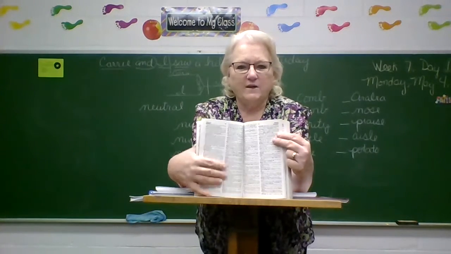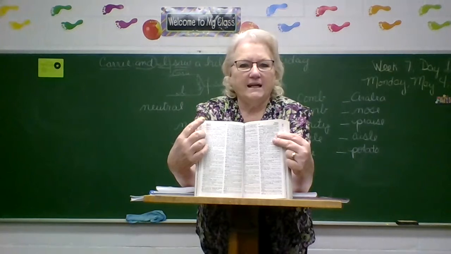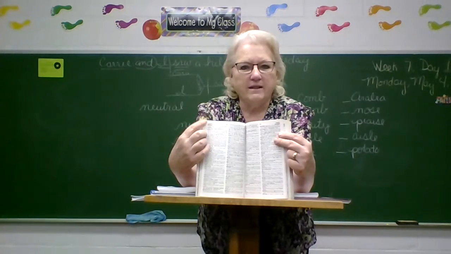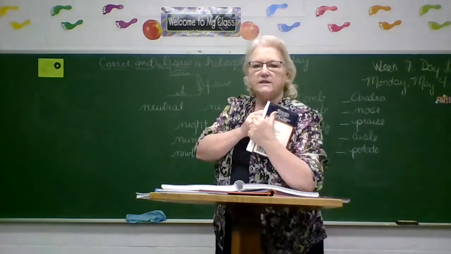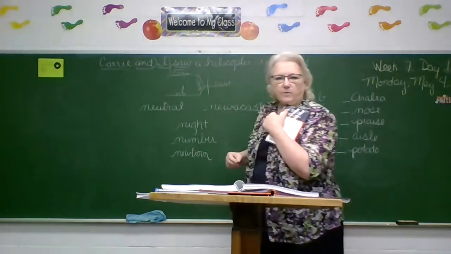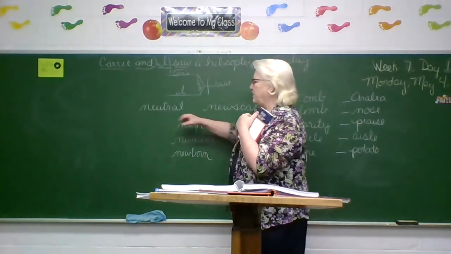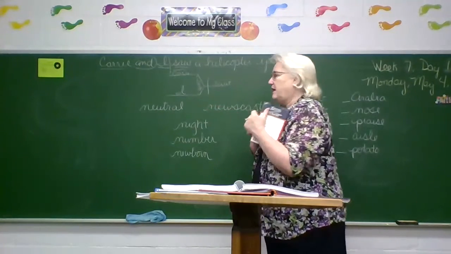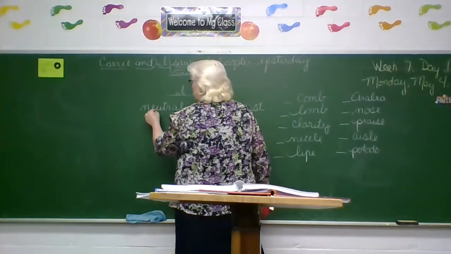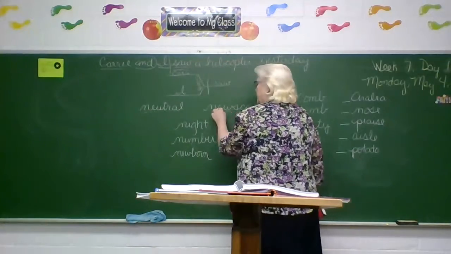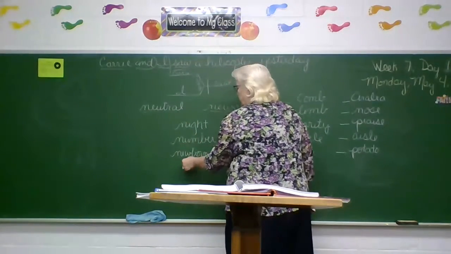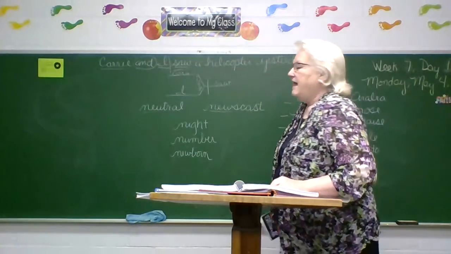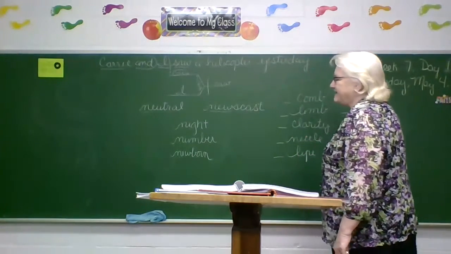If I want to find a word, I can think alphabetically and see if it would fall between these 2 words. So let's pretend that we have 2 guide words at the top of our dictionary page. They are neutral and newscast. Okay, N-E-U and N-E-W. One of these words will come between N-E-U and N-E-W.